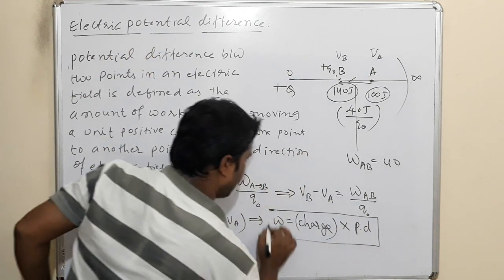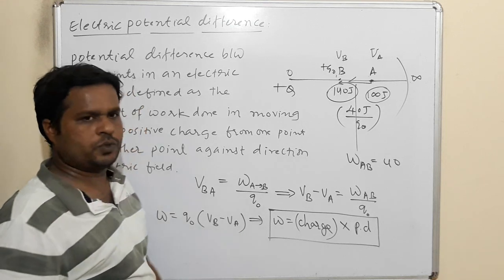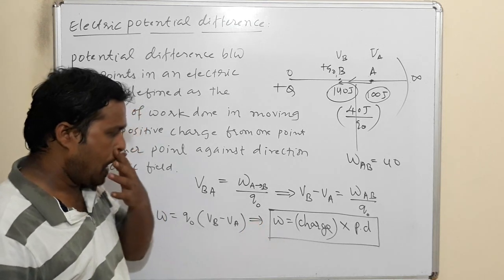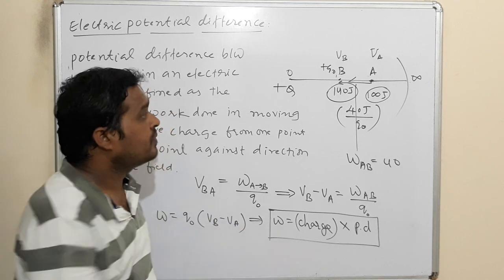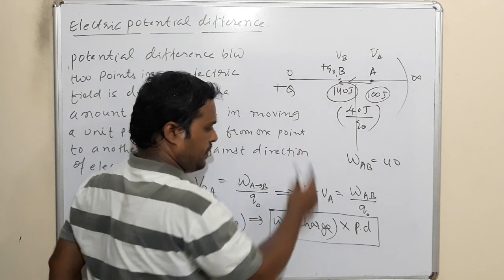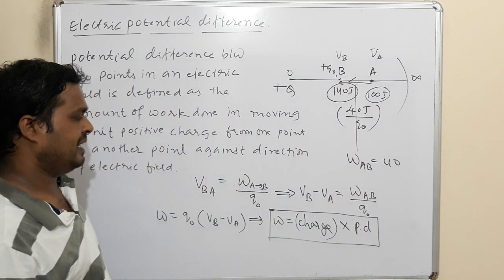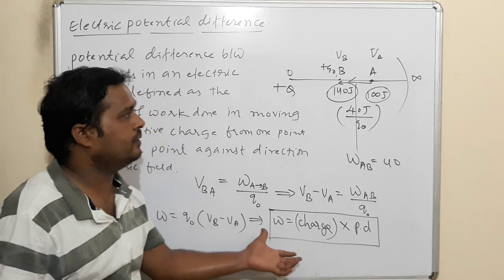PD stands for potential difference. Here we get an important conclusion from this equation. The charge which we are moving from one point to another should be multiplied by the potential difference. This is electric work done.